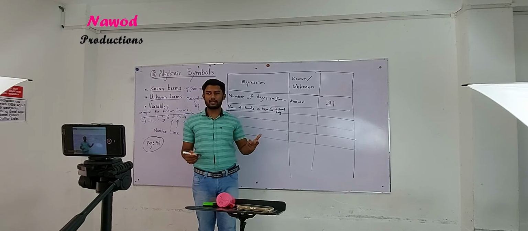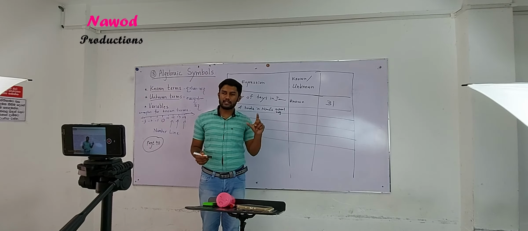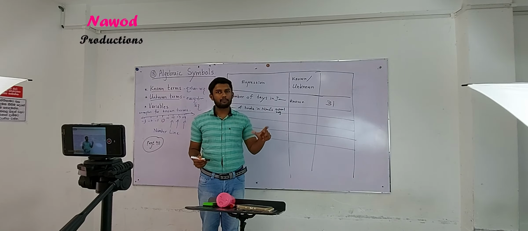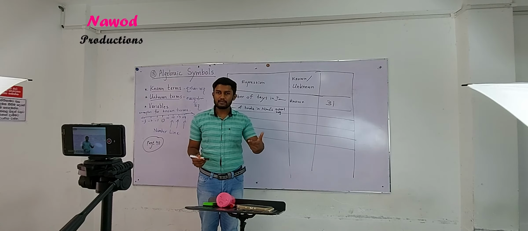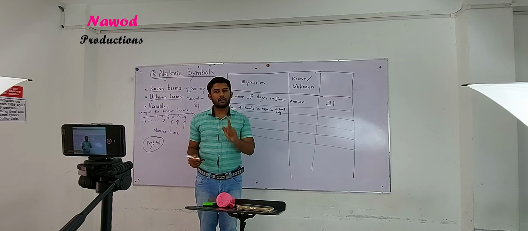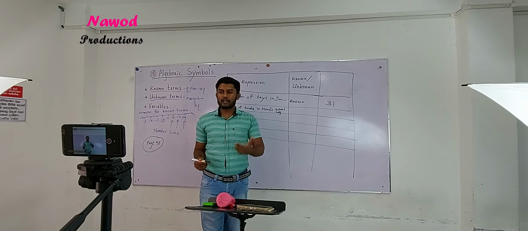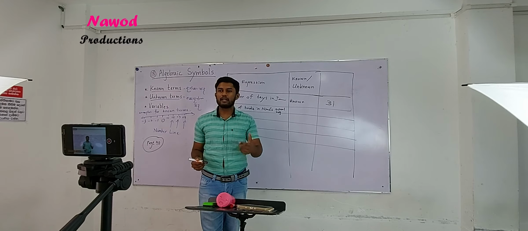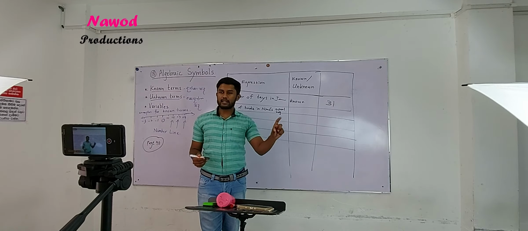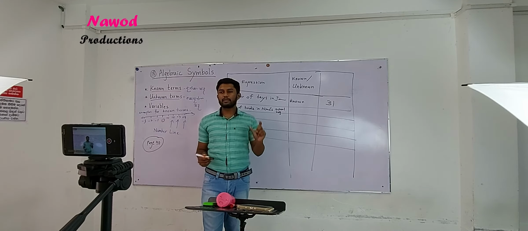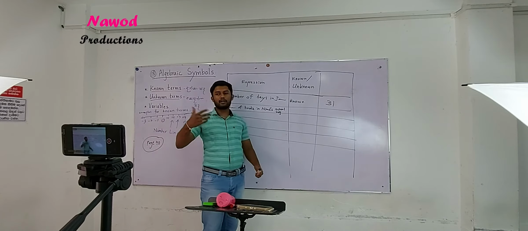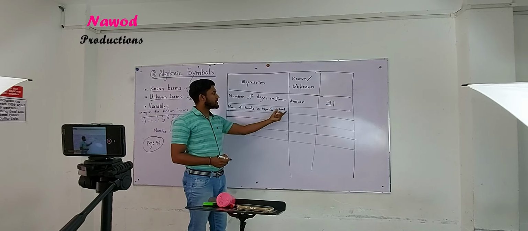This is an unknown term, children. To denote unknown terms we use unknown symbols. I told you to denote the unknown terms, we use simple English letters, right? We can denote it whether it is an unknown or known term.